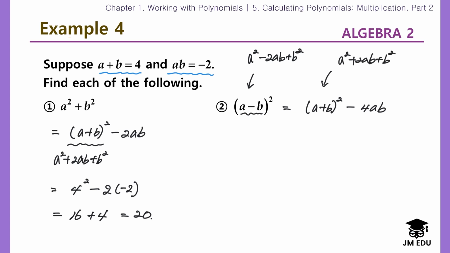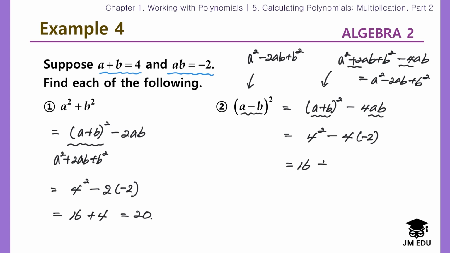So if we subtract 4ab, then this is going to be equal to a squared minus 2ab plus b squared, right? They're same, right? So this expression is equal to this expression. So a minus b squared is equal to a plus b squared, 4 squared, minus 4 times ab. ab is negative 2. So 16 minus times minus, plus 4 times 2, 8, which is equal to 24.